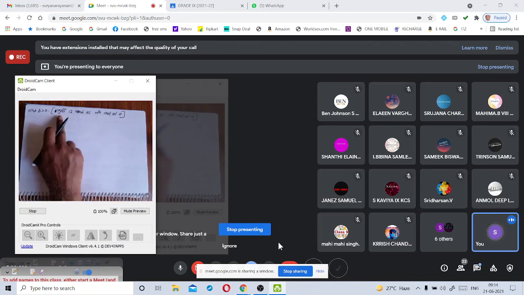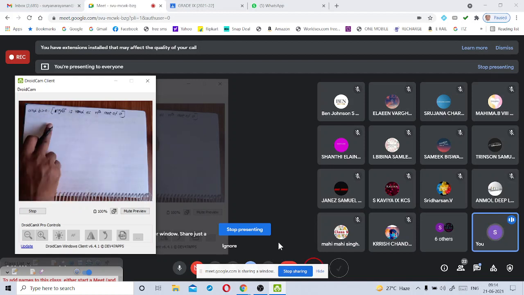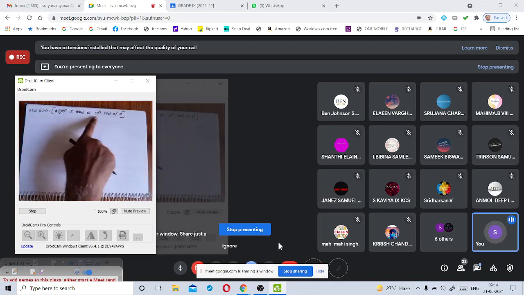How do you read this symbol, my dear children? Nth root of a, not n root a. Please observe here n, where I wrote in between the radical symbol, in this space. This is read as nth root a.